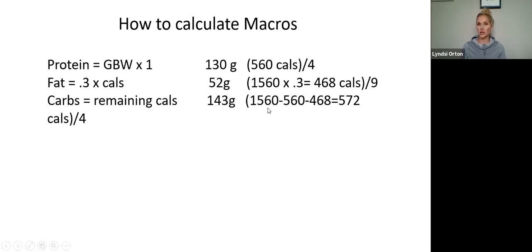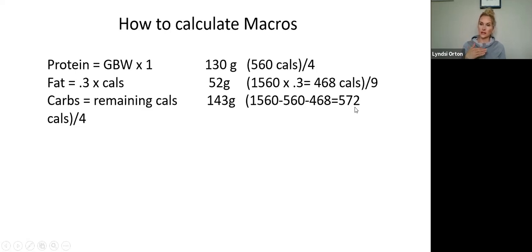So again, we started with 1,560 calories. And now we're going to subtract the calories that came from protein, which was 560 in this example. And now we're going to subtract 468 of those calories coming from fat. And that leaves us with 572 calories left for the day.